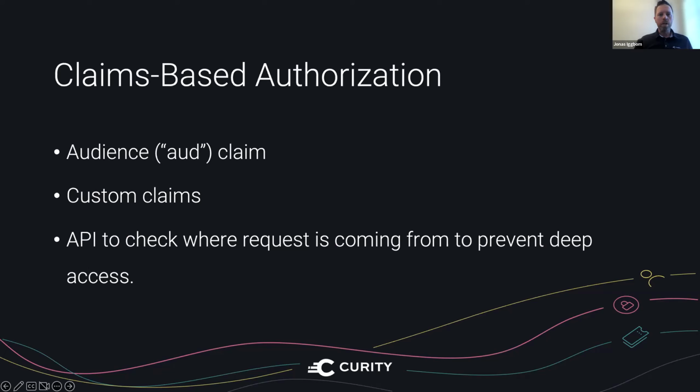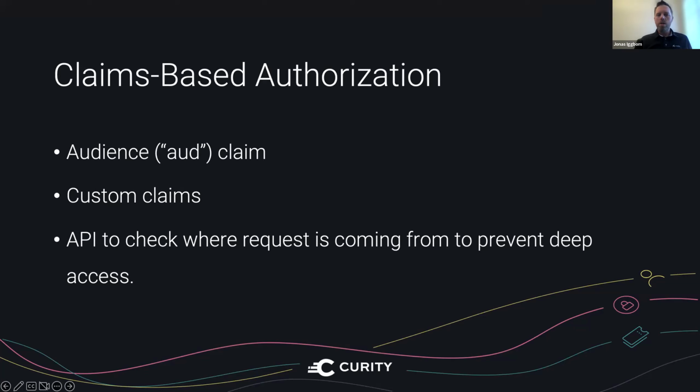This is essentially the audience. So you can use the audience claim to check, is this token actually intended for this API that is trying to be accessed, or is it intended for something else? That's one part. We can also leverage custom claims, like the role or region that I mentioned, to determine further whether this user or system should have access to the API they're trying to get to.